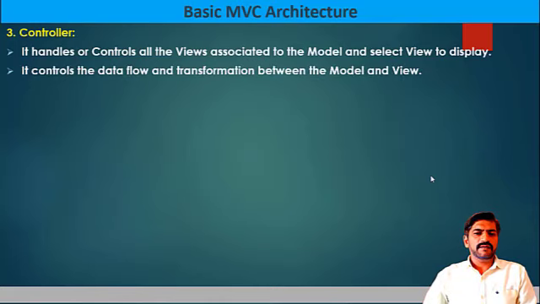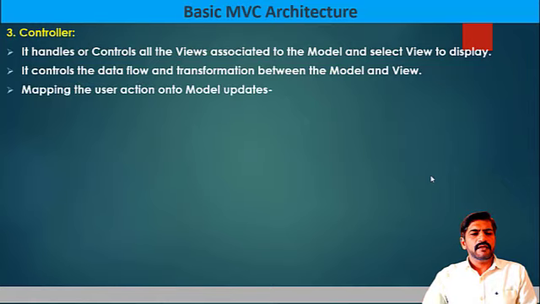It controls the data flow and transformation between the model and views. It maps user actions onto model updates. That is, it maps the request given by the user in the form of a URL, and the particular action is taken and the corresponding view is displayed to the user.